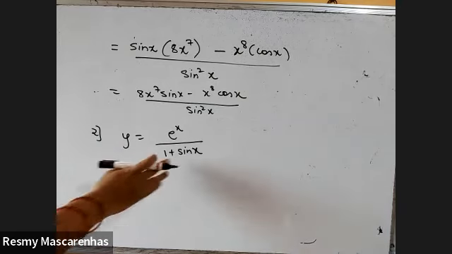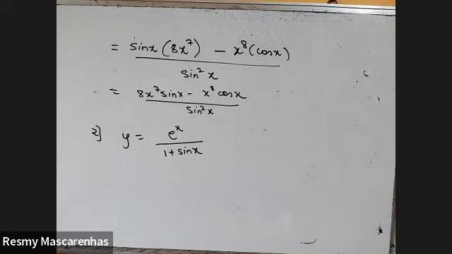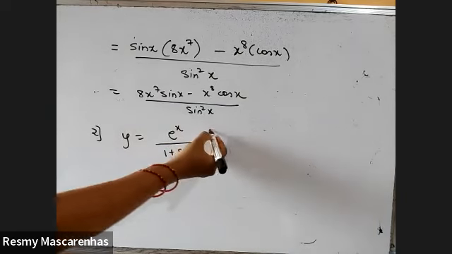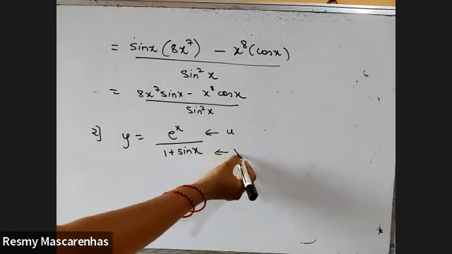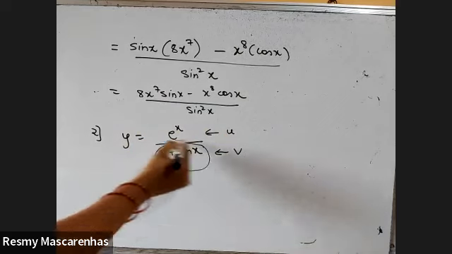Now, as long as there's a plus sign, you don't have to worry. It is considered as a whole term. The numerator is u and the denominator is v. This whole thing is v.